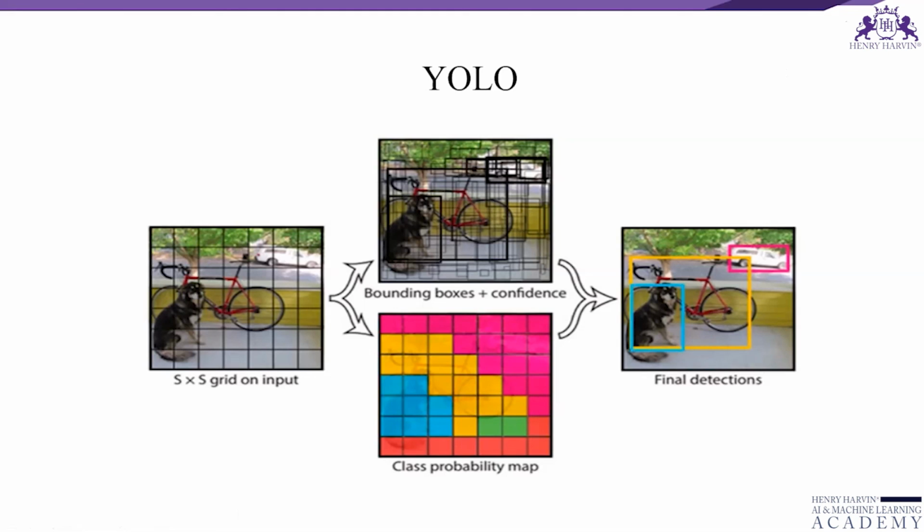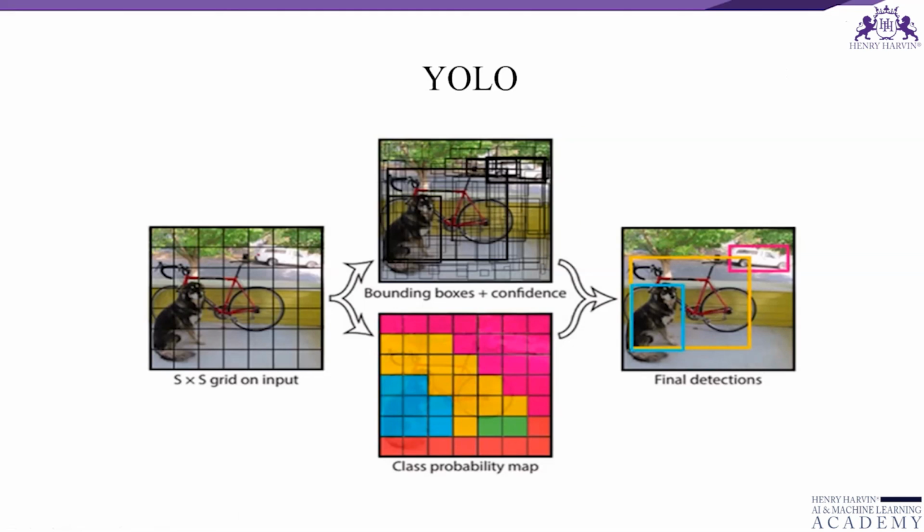With YOLO, a single CNN simultaneously predicts multiple bounding boxes and class probabilities. YOLO trains on full images and directly optimizes detection performance. This model has a number of benefits over other object detection methods because it is extremely fast.